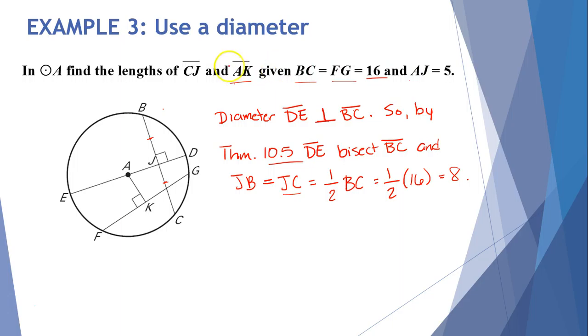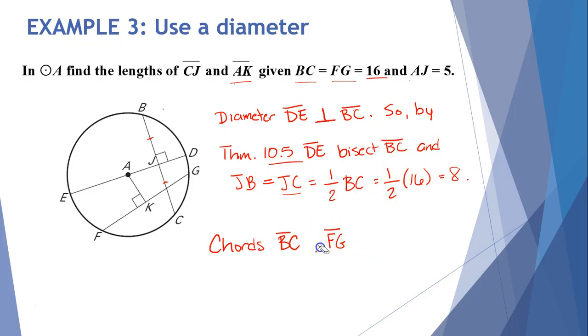Now find AK. This one right here isn't so bad either. You just have to think about the theorems that we have looked at. It says we should know this. Chords BC and FG, so I'm going to write this down. This is my train of thought. So chords BC and FG, they are congruent.